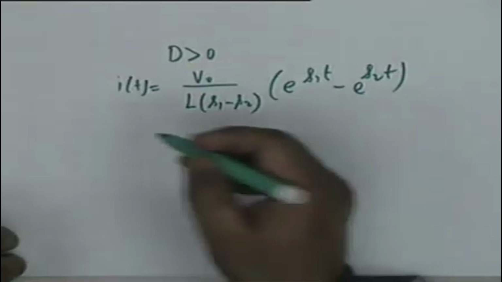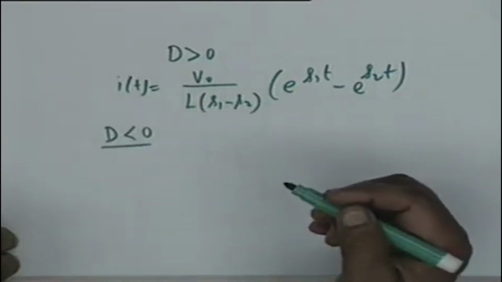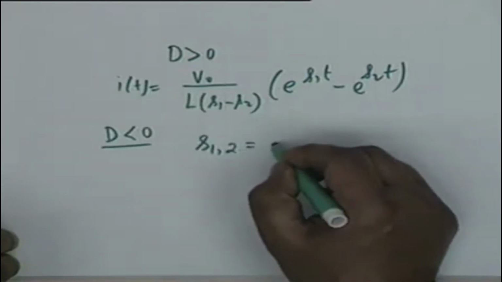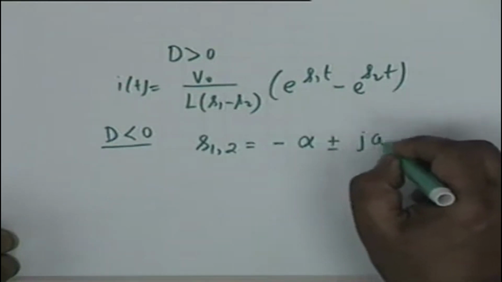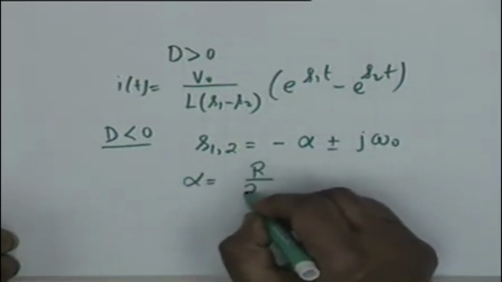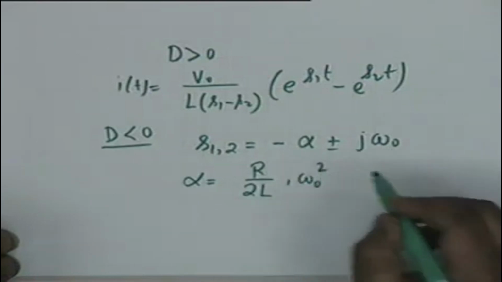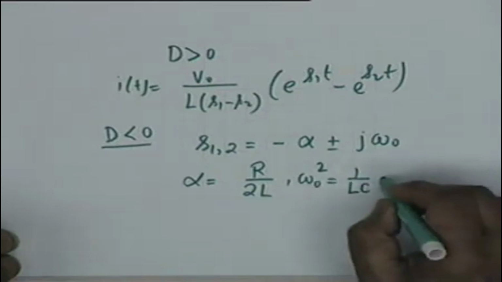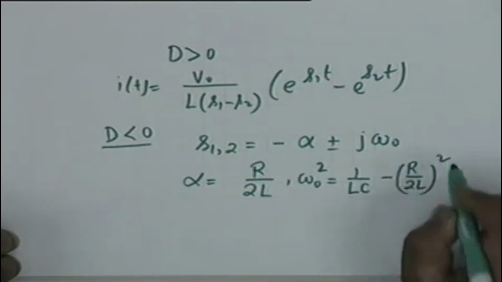And we are trying to see what happens if D is less than 0. We argued that if D is less than 0, then s1,2 can be written as minus alpha plus minus j omega 0, where alpha is equal to R by 2L and omega 0 squared is equal to 1 over LC minus R by 2L whole squared.